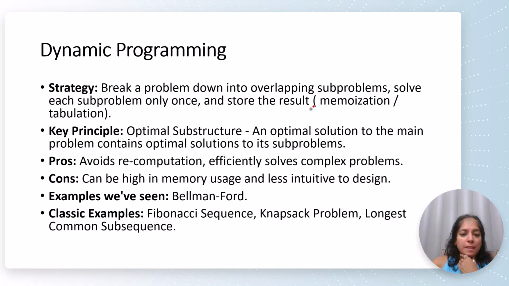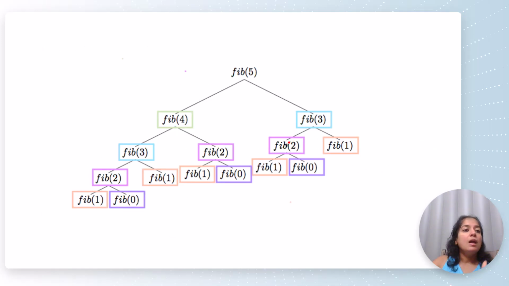First of all, let's see an example of what we mean by dynamic programming, memoization and tabulation. All of us have done the example of Fibonacci in recursion, right? As we know, Fibonacci of n is equal to Fibonacci of n minus 1 plus Fibonacci of n minus 2.